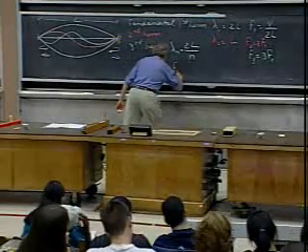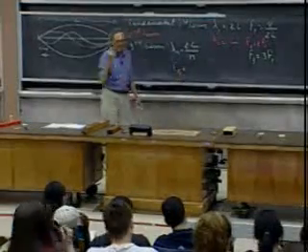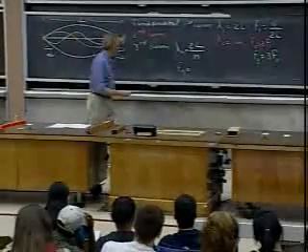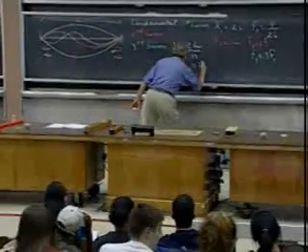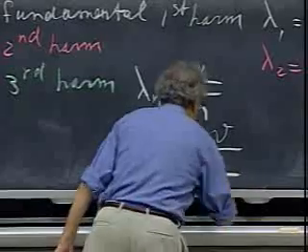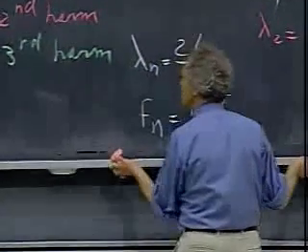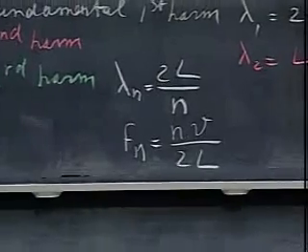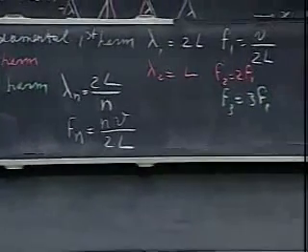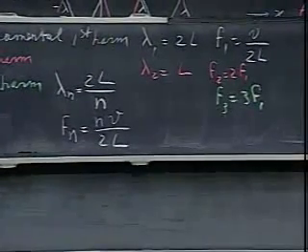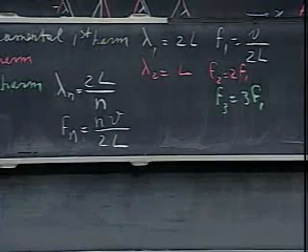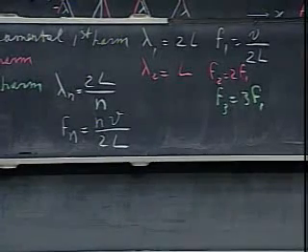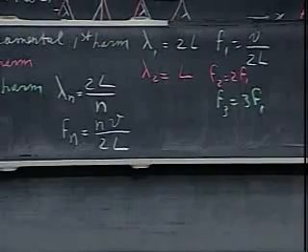And the frequency for the nth harmonic, n stands for Nancy, is n times v divided by 2L. So here you see the entire series of frequencies and wavelengths for which we have resonance. Unlike in our LRC system that we discussed last time, where you had one resonance frequency, now you have an infinite number of resonance frequencies, and they are at very discrete values, equally spaced.